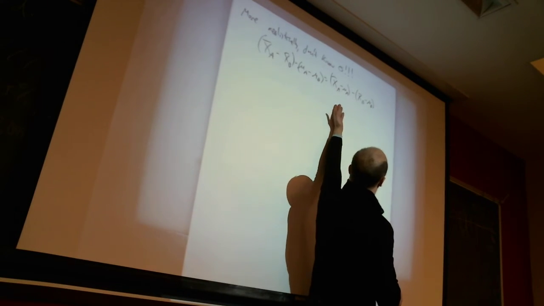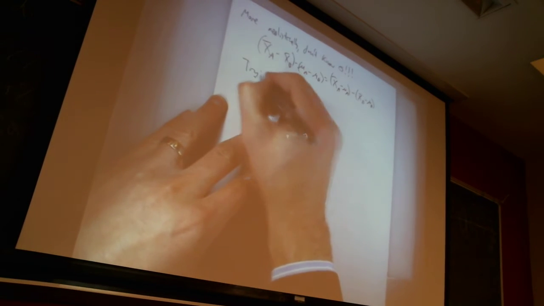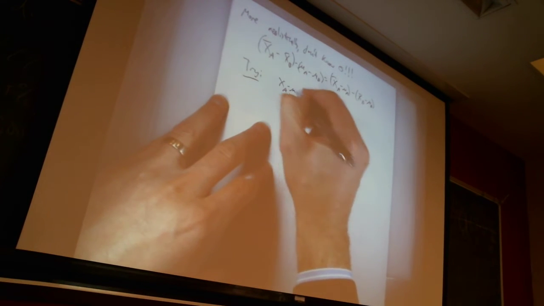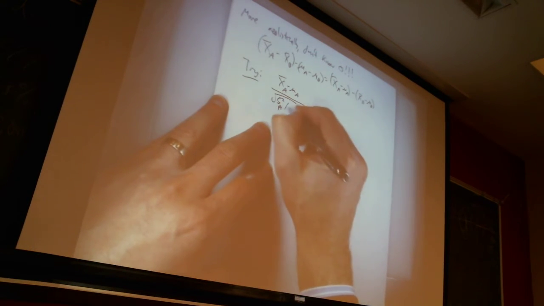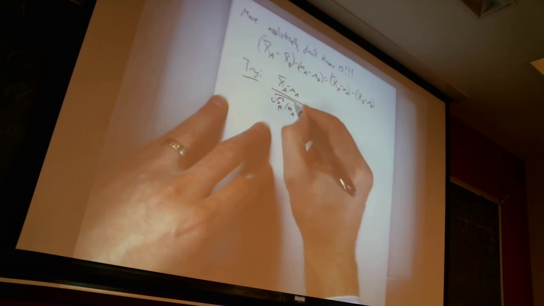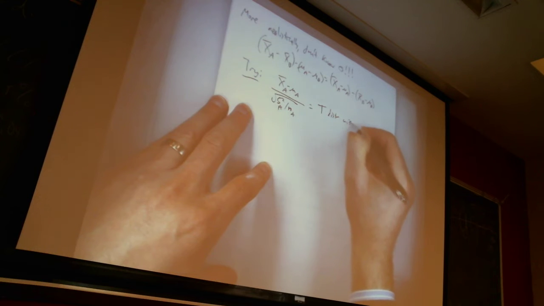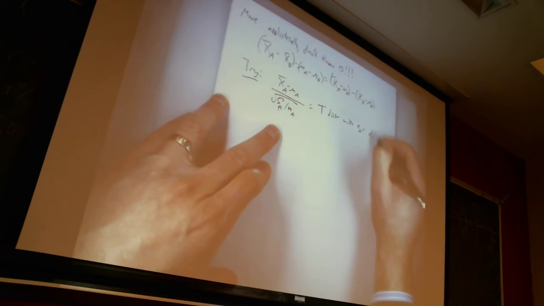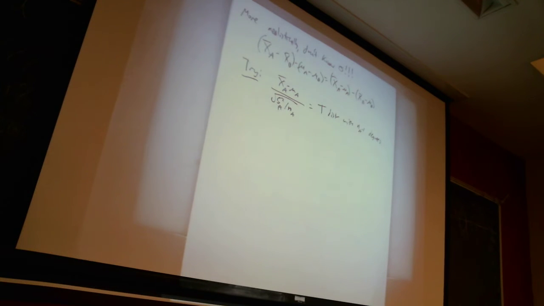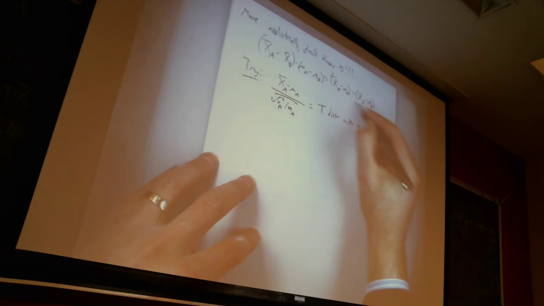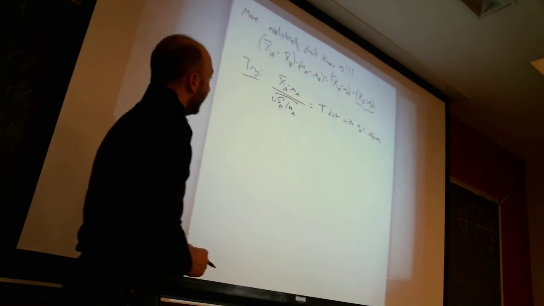If I normalize this by its S_A squared over n_A, that'll give me a t distribution with n_A minus 1 degrees of freedom. And this is the same thing, a t distribution with n_B minus 1 degrees of freedom, if I normalize it like that.